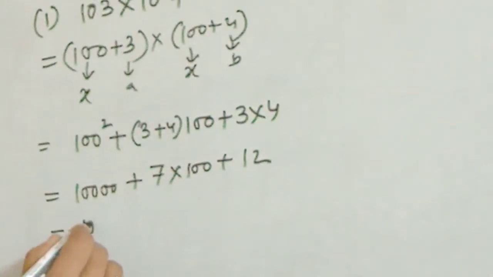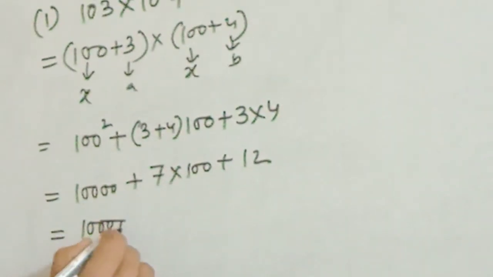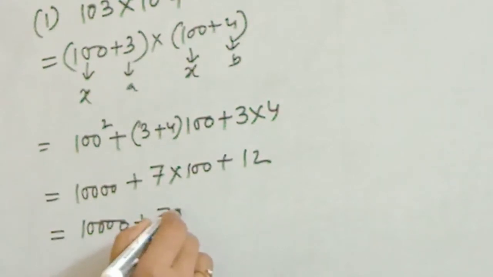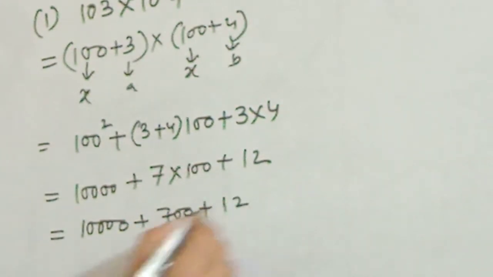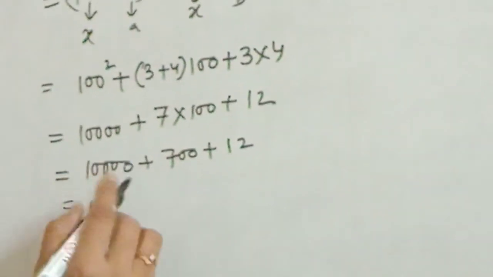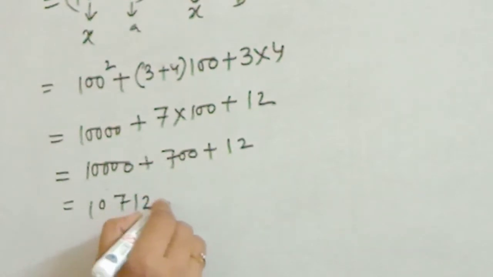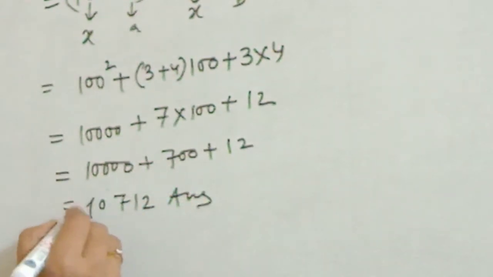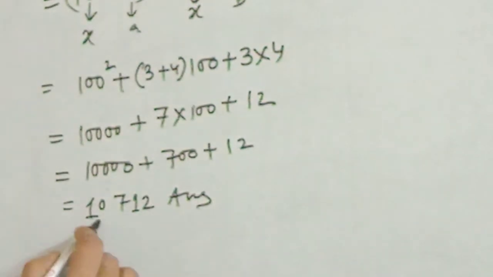When you add, you will get 10,000 plus 700 plus 12. The result is 10712. We will add it if it is possible, then you will get this answer.